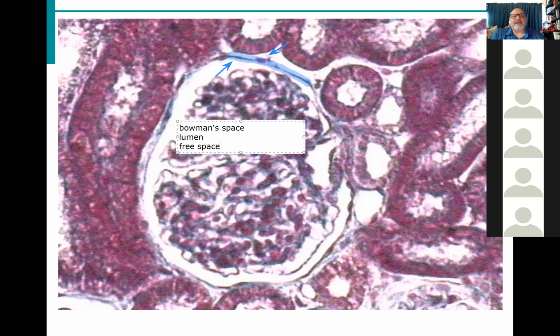Now, what I would say is on the exam, if I have this arrow pointing to this space like this, and I ask you to identify this space, while lumen and free space are accurate answers, is it as specific as we could be? No. No. So you would get partial credit for lumen or free space, but because this one has a specific name, you would need to say Bowman space for full credit. Okay?